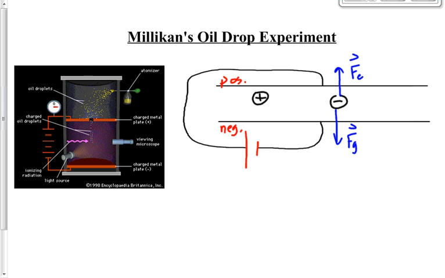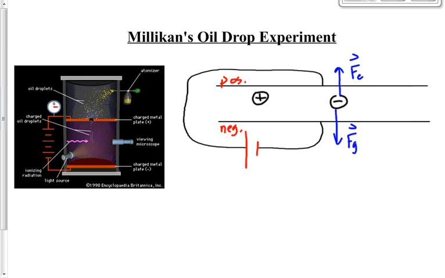Here we're dealing with oil droplets. And oil droplets still are very, very small mass, but much, much more massive than an individual electron. The force of gravity is now significant. It now matters, whereas it didn't in the cathode ray tube. We could have paid attention to the force of gravity in the cathode ray tube too, but we still would have gotten the same answers because that force of gravity was so minuscule.